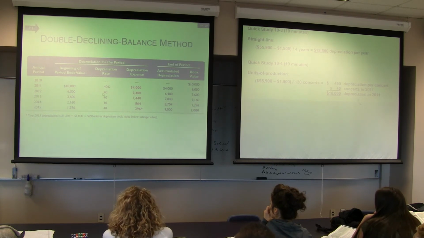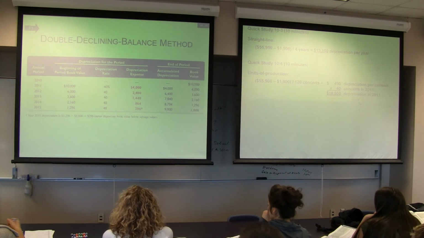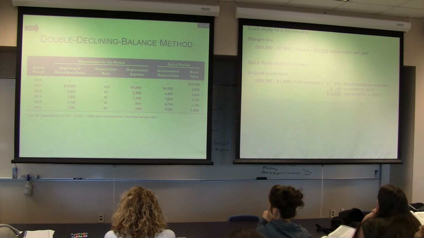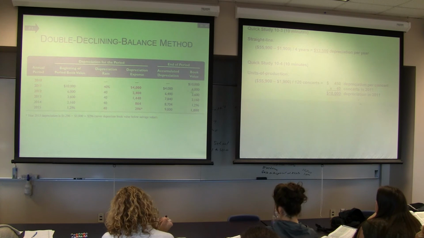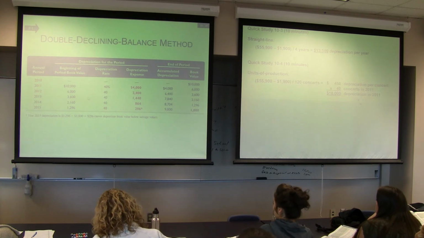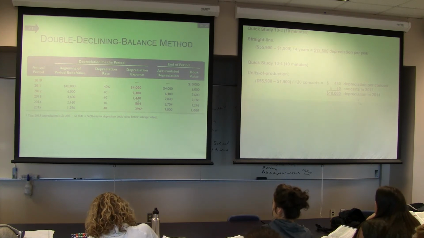Multiply that times 40%, 2,400 is the expense for that year. Now 2,400 plus 4,000, the accumulated depreciation is up to 6,400. Subtract that from 10,000, and now the book value is down to 3,600. That becomes the book value for the beginning of the following year. The ending becomes the beginning, multiply it times 40%, and so forth.